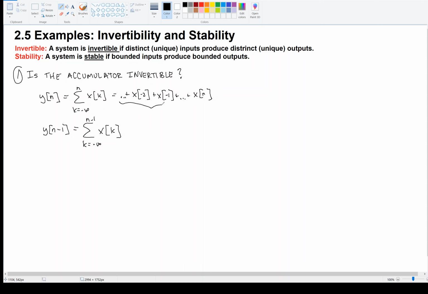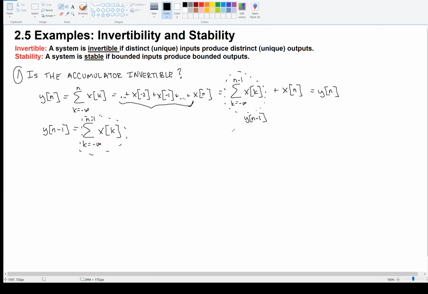I can collect all of these things, that is, k goes from -infinity to n-1, all of the previous ones, and then I've got added to that the current one, like this. Okay, so again, this is y of n. Well, I identify this thing: this is precisely y of n minus 1.